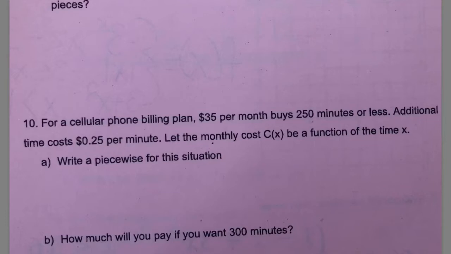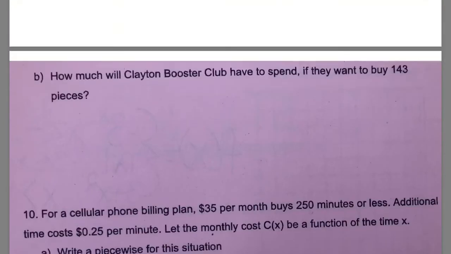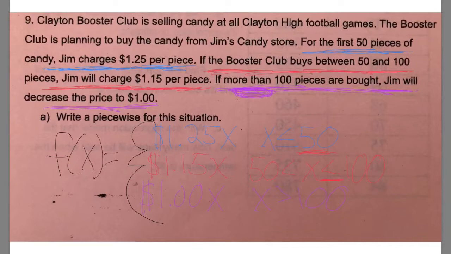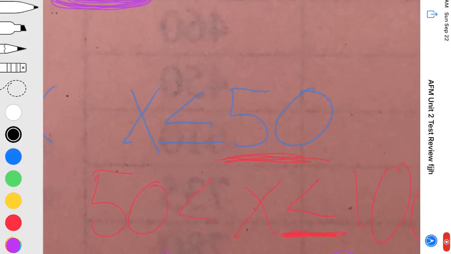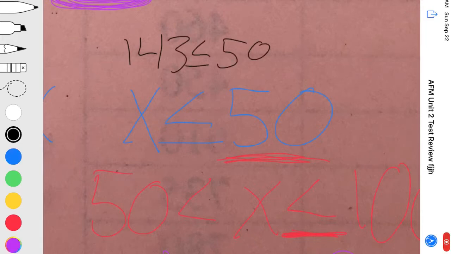So for B, on number 9, we have how much will the Clayton Booster Club have to spend if they want to buy 143 pieces. So we're going to come in here and ask ourselves, which step is 143 in? So step 1, is 143 less than or equal to 50?